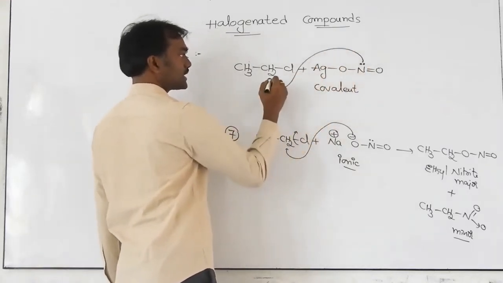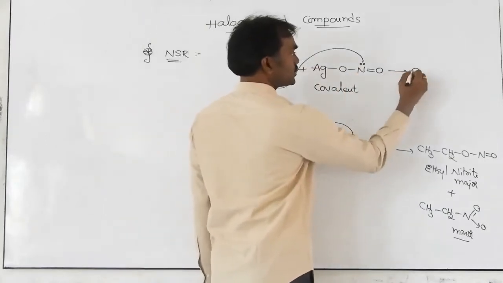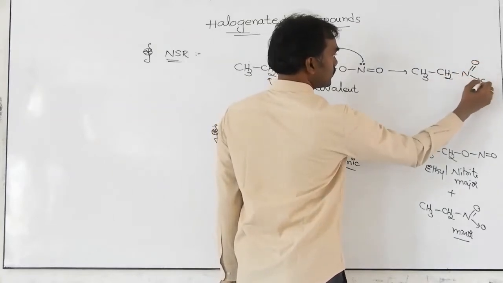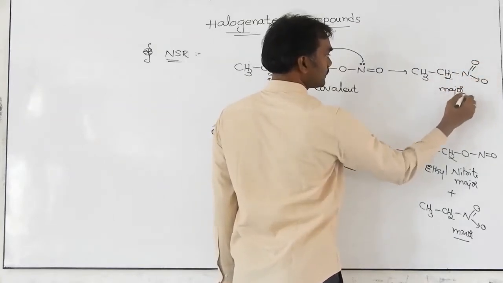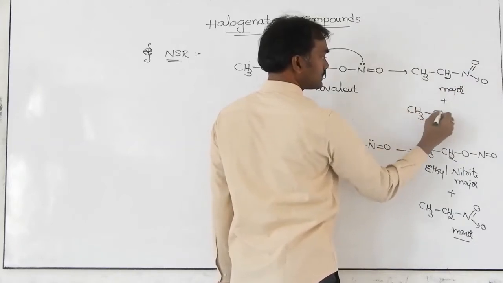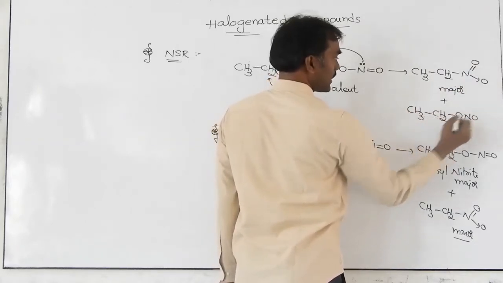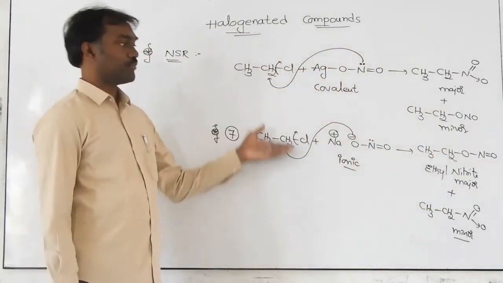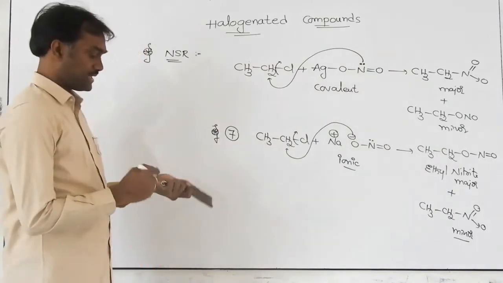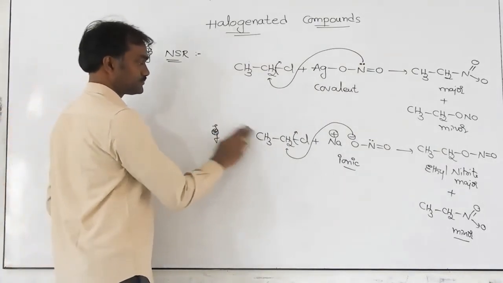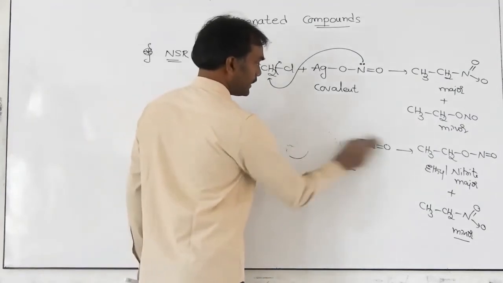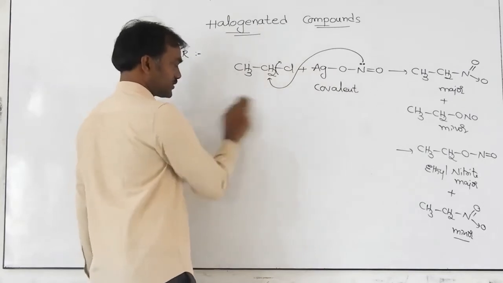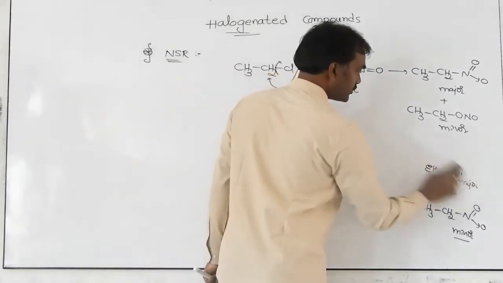The lone pair comes and the leaving group goes outside. So you are getting CH3CH2NO2 as the major product, and ONO, the nitrite, is a minor product. These last two are very, very important in examination and entrance exams. Next time, other than these negative nucleophiles, you can also take neutral ones.